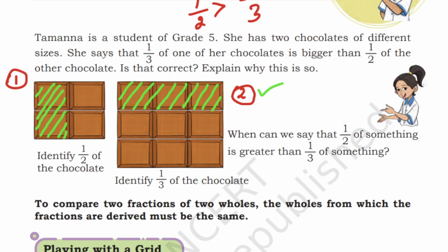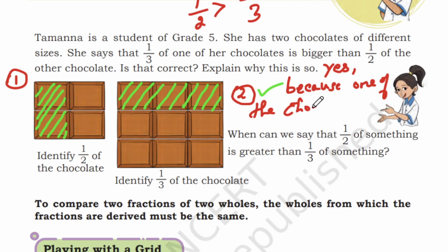Yes, she said correct, because 1 by 3 of one chocolate is bigger in size. It's bigger in size. Okay.